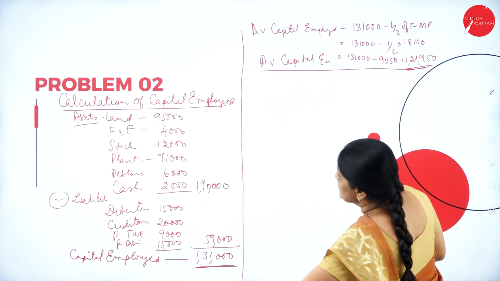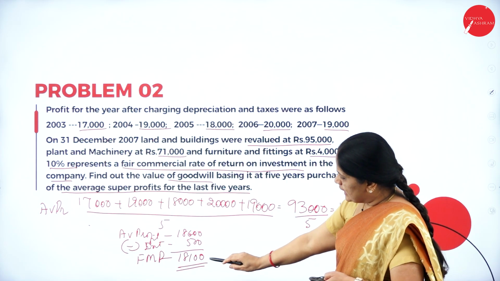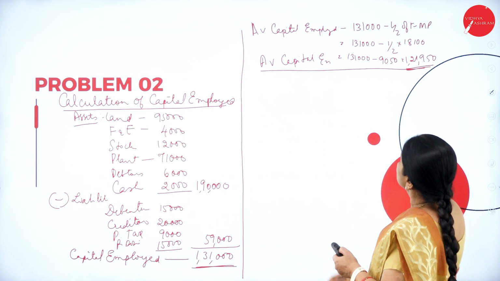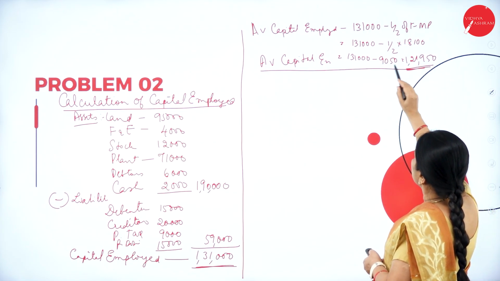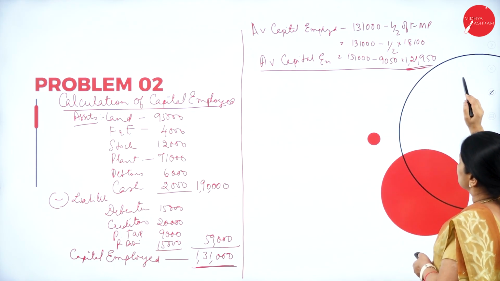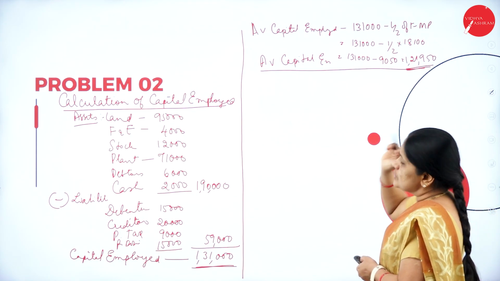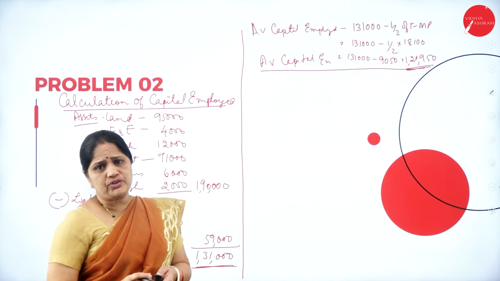So, in the previous slide, I had calculated the FMP. So, the FMP is 18,100. So, half of that I am deducting. So, I get 9,050. So, the average capital employed is 1,21,950.